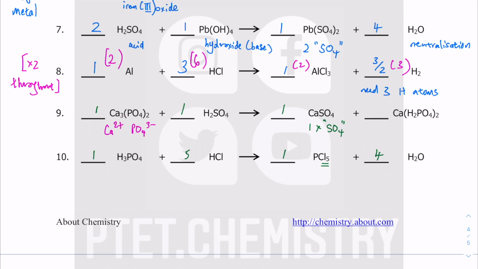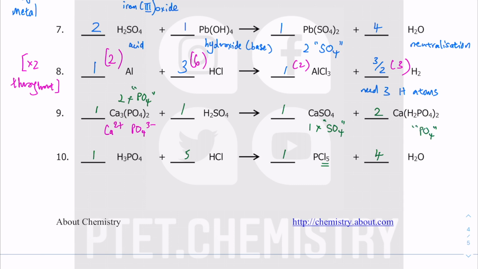If I have 1 of these as well, that will be 3 calcium and 2 of the phosphate, 2 times PO4. Then this must be 2 of these, but that will be wrong, isn't it? That will be wrong because even though the calcium is balanced, 1 calcium plus 2 calcium is 3 calcium, the phosphate unit, yes, this is not exactly PO4 3 minus, but you can think of it as a PO4 unit.